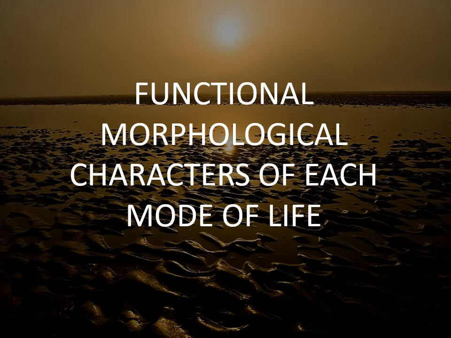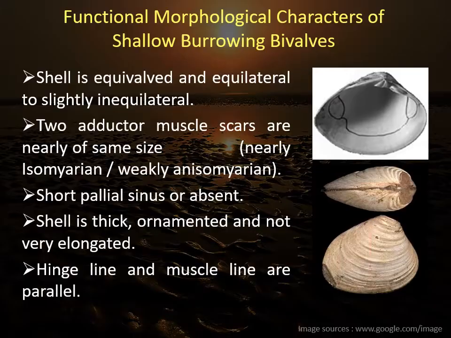Now coming to detail about the functional morphological characters for each mode of life of bivalve. So to start with the shallow burrowing bivalve, that means what are the morphological features by which we can identify this mode of life within a bivalve specimen.